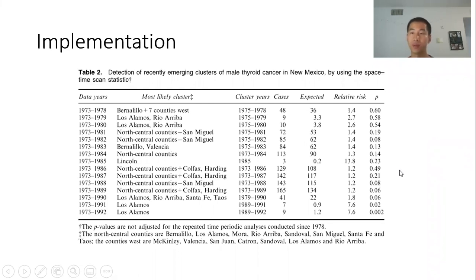Okay, so once we have this new space-time scan statistic, let's implement it. And the author gets the following result in the implementation. Basically, all the previously significant clusters disappear. Only one is left. That is the Los Alamos cluster.